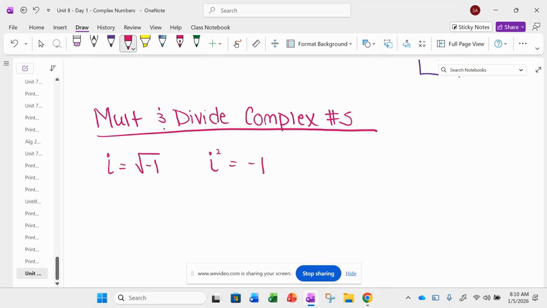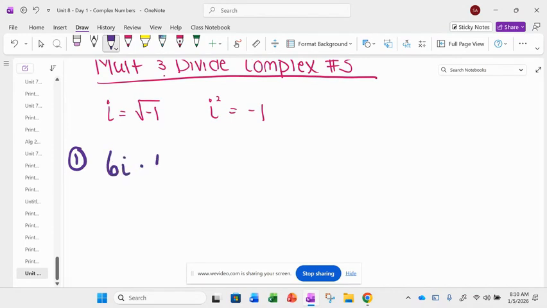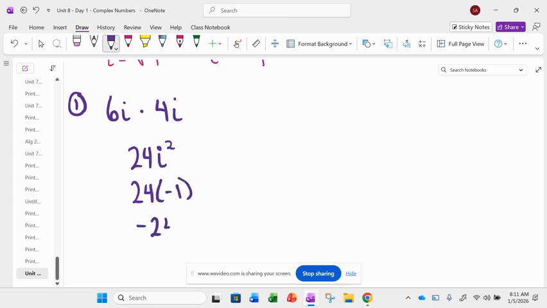Do we agree? So if I have 6i times 4i, we're going to get 6 times 4 is 24, but i times i is what? i squared. I can't leave an i squared because what does i squared represent? Negative 1. So this becomes 24 times a negative 1, which is negative 24.